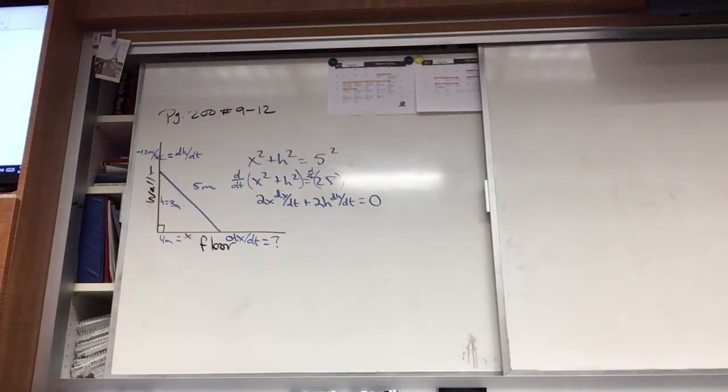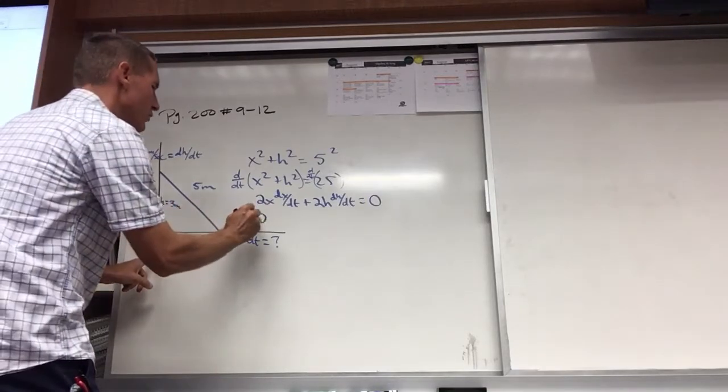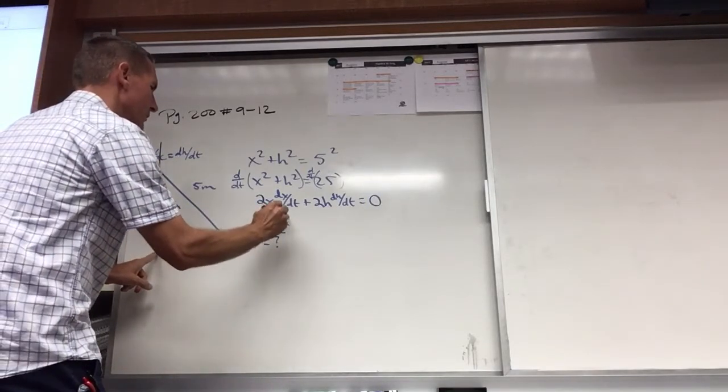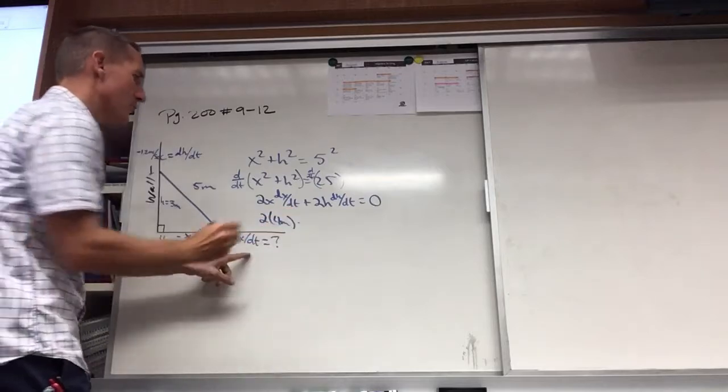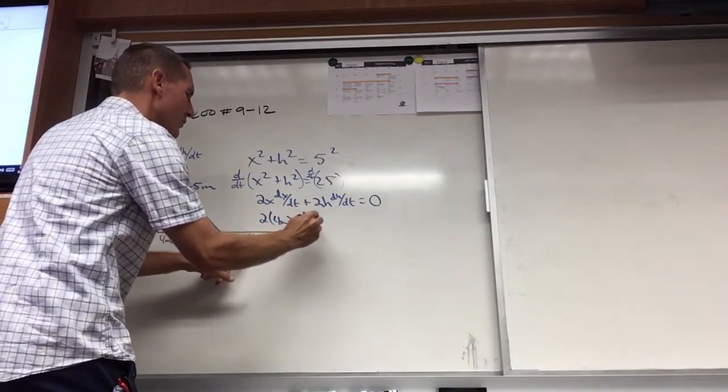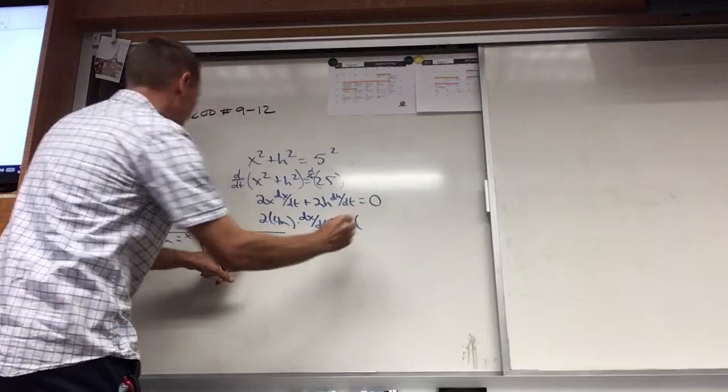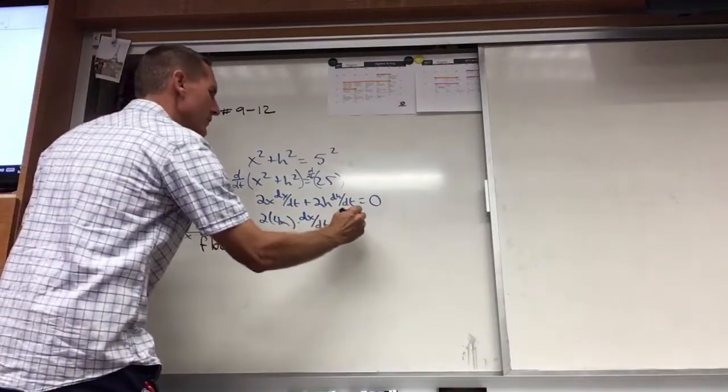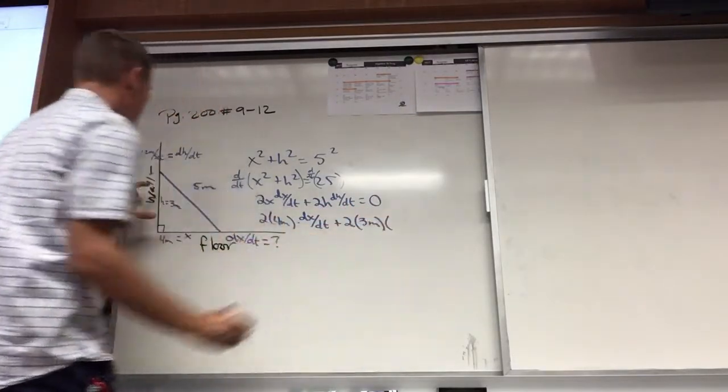And now I plug in all of the information that I know. Well, I know that x is 4 meters, so this is 2 times 4 meters times dx/dt, which is my big unknown that I'm going to solve for, plus 2 times h, well the h is 3 meters, times dh/dt.